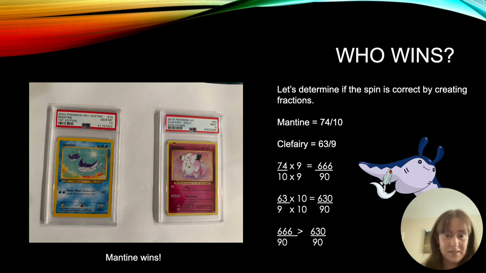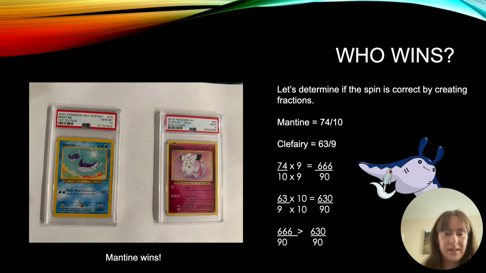Let's see if it's Mantine. Let's see. Mantine, PSA card is 74 over 10. Clefairy is 63 over 9. Uh-oh. It's not the same common denominator, so what are we gonna do? It's just like we did before, but I didn't write the factor tree because I feel like at this point we know that they don't have the same factor, so we're just gonna be multiplying the 9 and the 10.